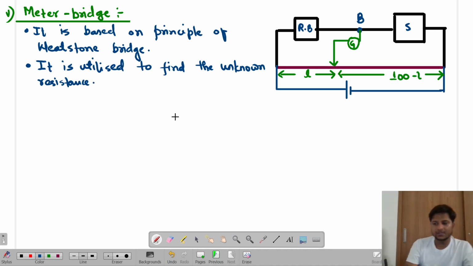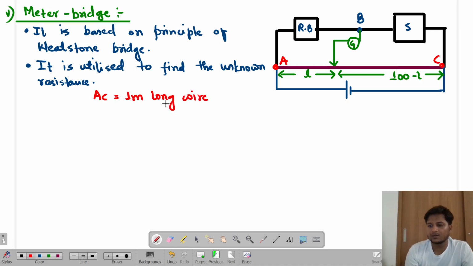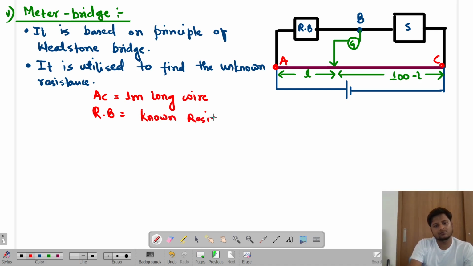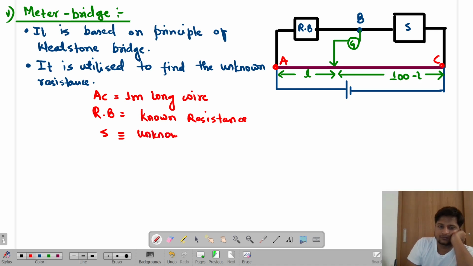Now let's call this point A, and this point is C. So AC is a 1 meter long wire. RB is my known resistance, the resistance box, and S is my unknown resistance.